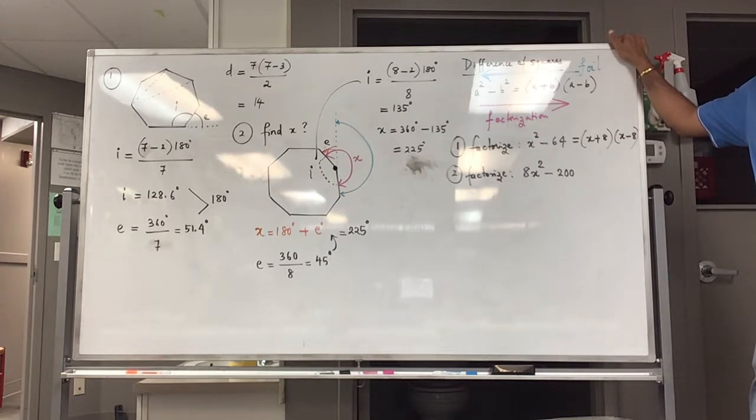Okay. All right, how many are confident? All right, what's your answer? 8 times x plus 5 times x minus 5.